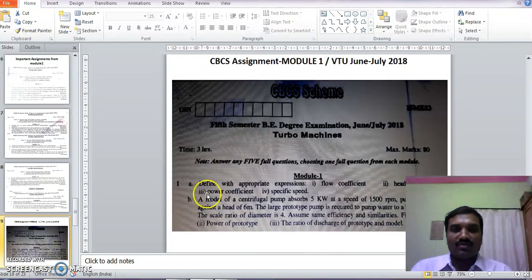The next question paper is the recent VTU, June 2018. They gave a pump problem. Here in this problem we are going to consider flow coefficient, head coefficient as well as power coefficient. Based on that concept, we have to make the model and prototype.